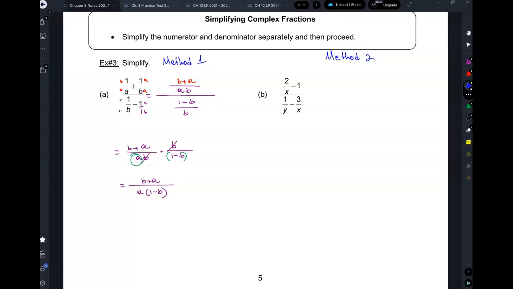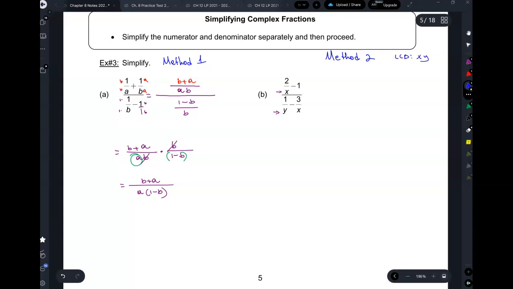So for method 2, let's take a look at all of the denominators, right? Here I've got a denominator of x. That's just the 1. Here I've got a y and an x. Between all of these, top and bottom, what is the LCD? I've got an x, a y, and an x. What is the umbrella LCD?